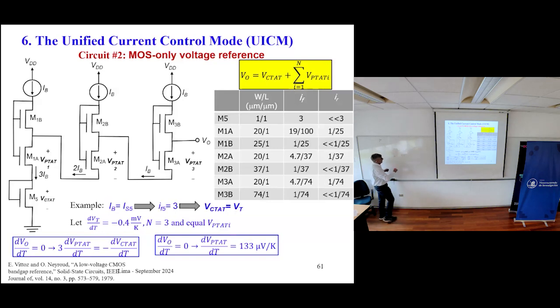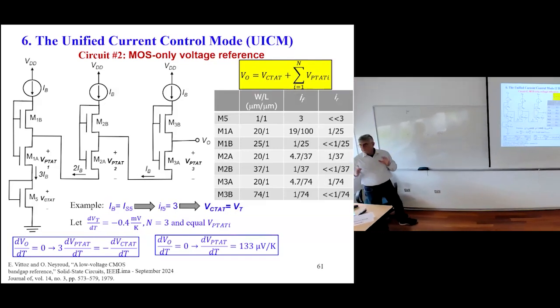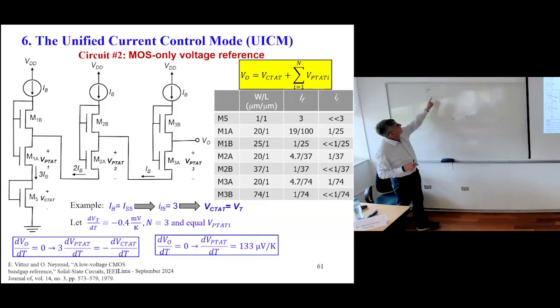I can simply write here that this is plus 3 E that. Okay, the calculations are not important. I just want to show you that you can build a reference voltage using MOSFET transistors.